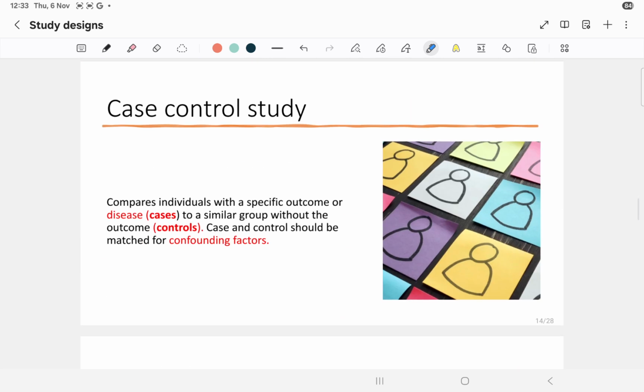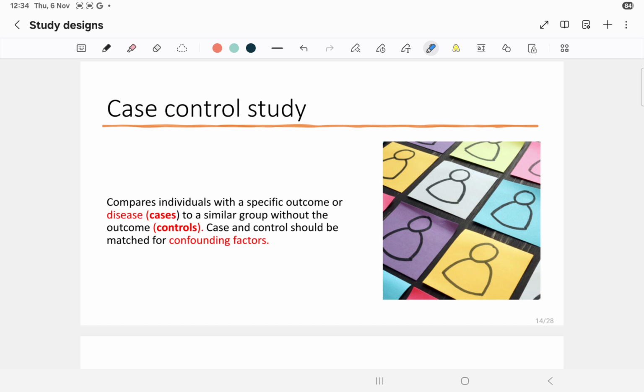So what is a case control study? Case control studies compare individuals with a specific outcome or disease to a similar group without the specific outcome or disease. So we are comparing cases and controls. That is why it is called a case control study. In cohort studies, we were comparing exposed individuals with non-exposed individuals.